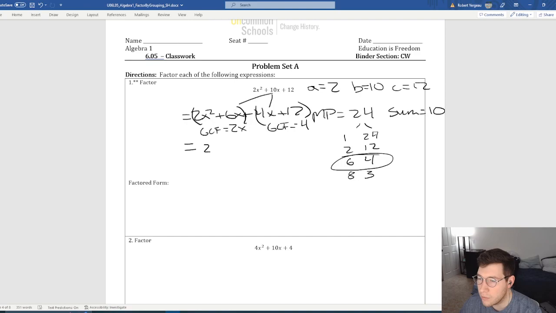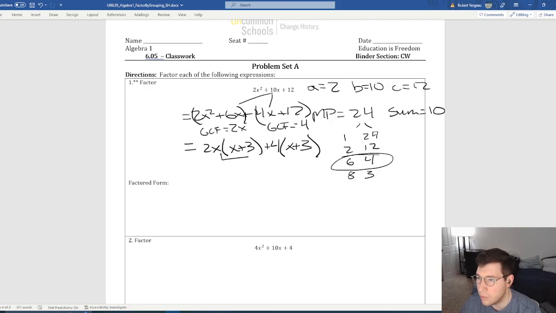And so I'm going to have 2x times x plus 3. Again, just dividing each of those terms by this 2x. 2x squared divided by 2x, it's just x. 6x divided by 2x, that's 3. Plus, pull this 4 out. 4x divided by 4, that's x, plus 12 divided by 4, that's 3.